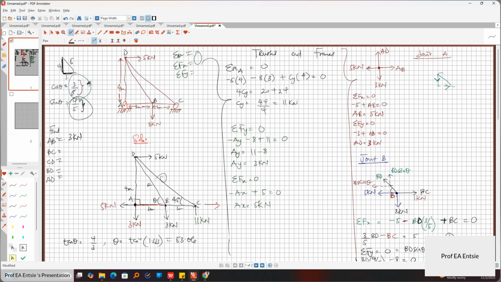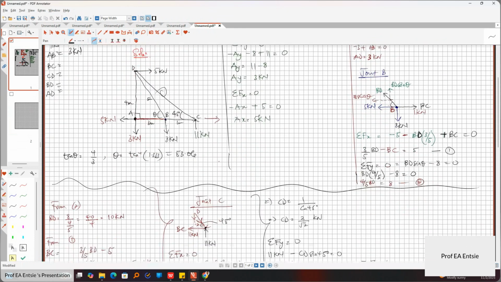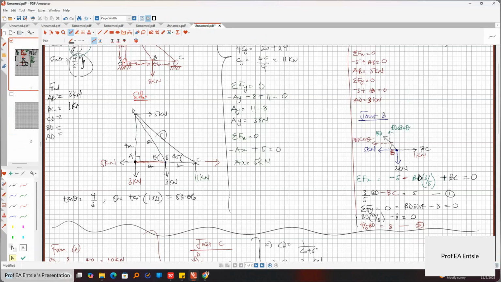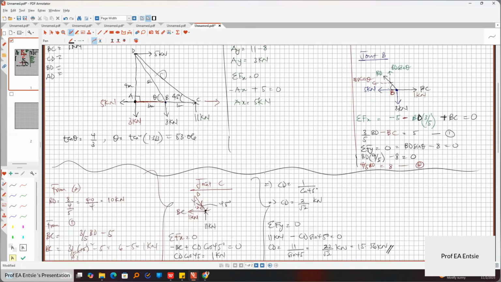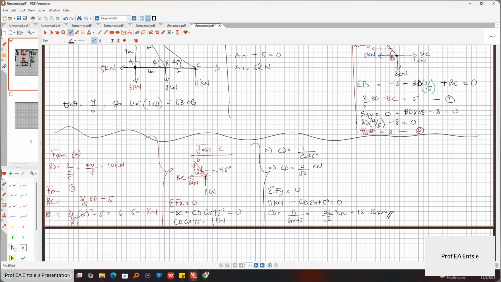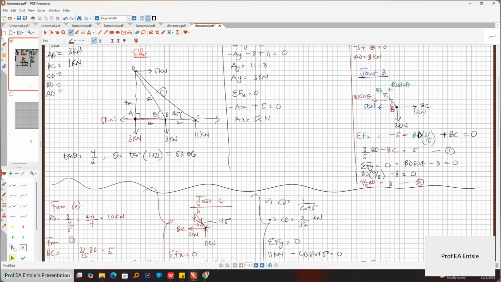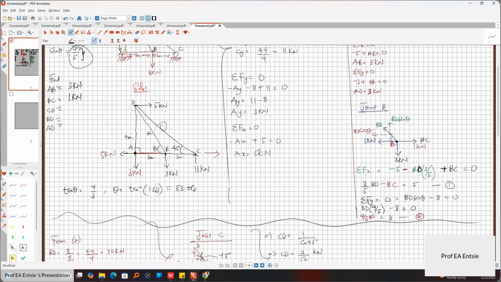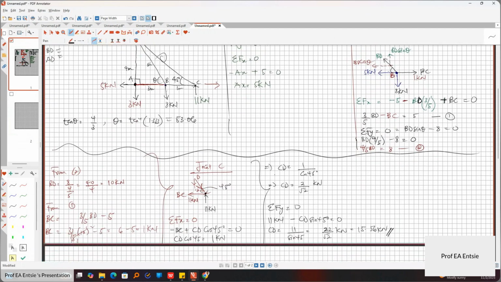BC is here, and that was found at joint B. BC, we had 1 kilonewton. CD, what I just found, 15.56.